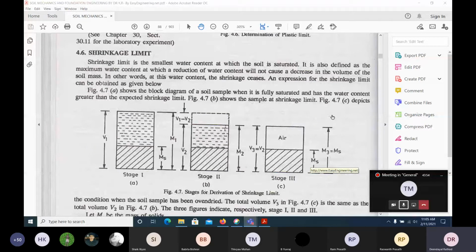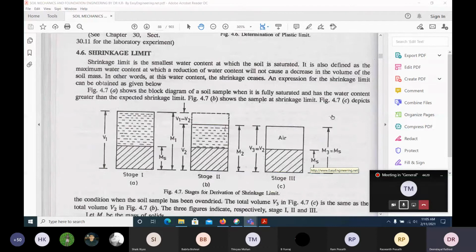Now I'll ask you: the water content at which stage do we call the shrinkage limit? Which stage of the water content do we call the shrinkage limit? Third stage, sir.